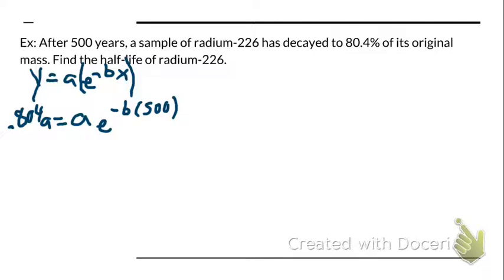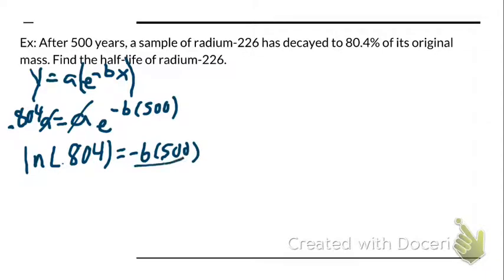Now we can divide both sides by a and cancel that out, and then put this into log form and get the natural log of 0.804 is equal to negative b times 500, and then we could divide by negative 500, and we get b is equal to the natural log of 0.804 divided by negative 500. Do the log first, and then divide by negative 500.